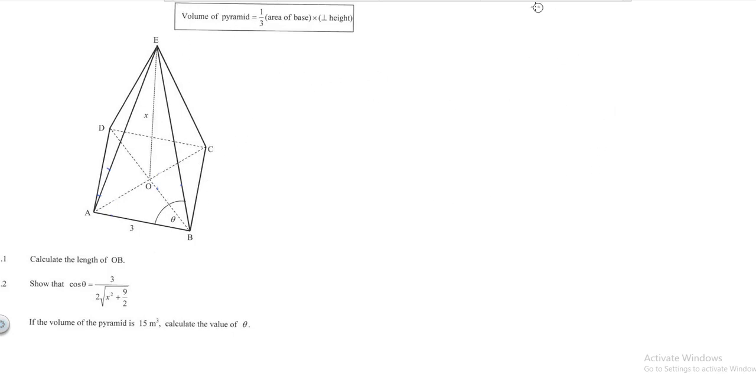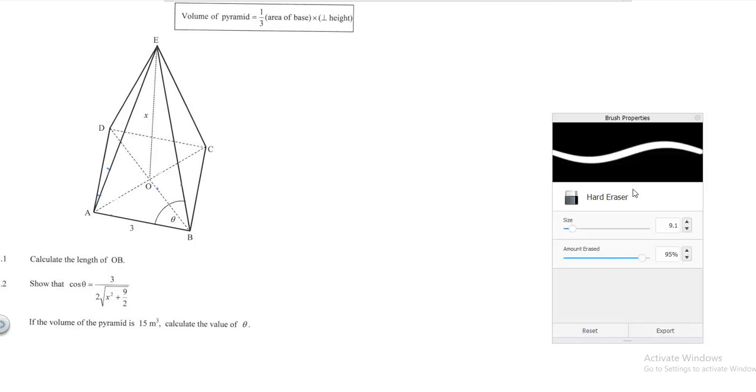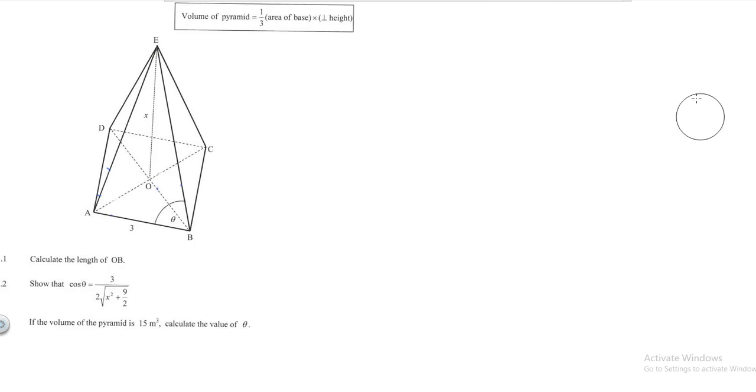If it's a square, meaning that the side AB is equal to the side AD, is equal to the side DC, is equal to the side BC. Now, meaning that DB is what we call a diagonal, and the AC is a diagonal, and the O is a midpoint.